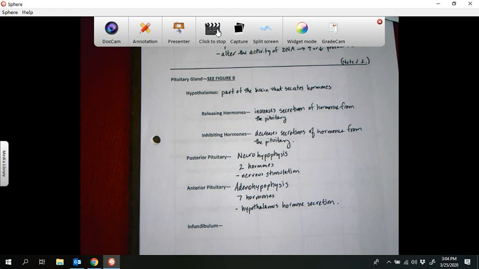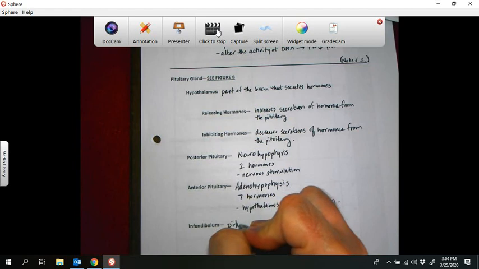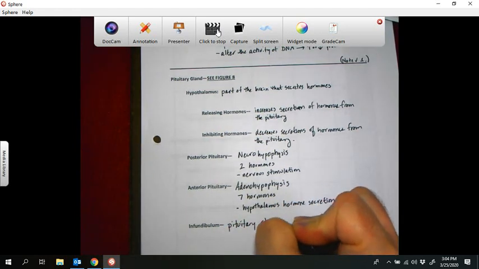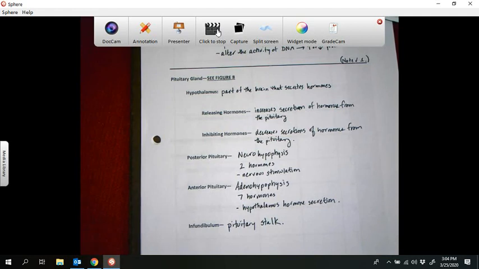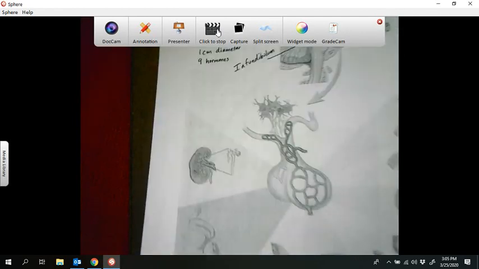So the hypothalamus sends signals either through hormones or through the nervous system, and that can inhibit or stimulate hormone secretion by the pituitary. And then we have this infundibulum. This is just the pituitary stuff. So we're going to switch back to our diagram packet and finish this one off.